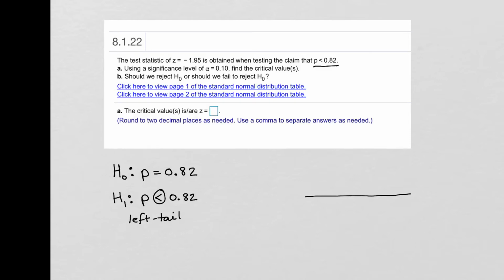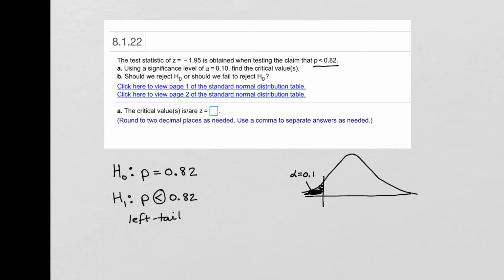So if I draw my distribution, we are going to do a left tail test with alpha is 0.10. That means that all of that alpha is in one tail, the tail on the left.